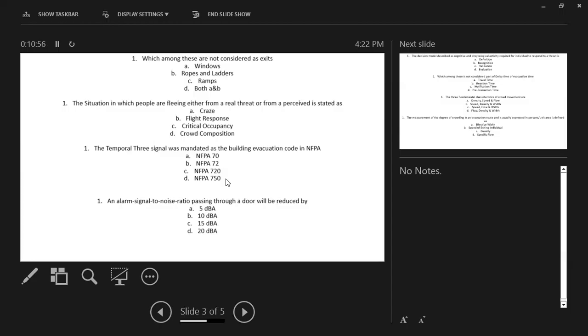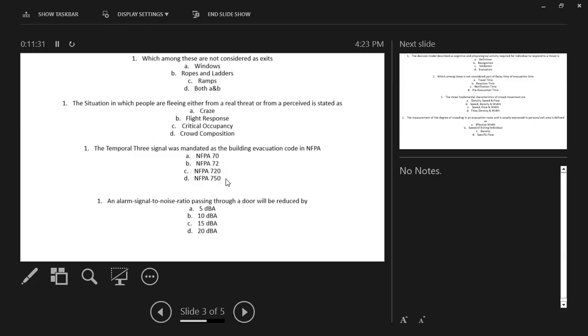And the next question, we have discussed this question in section 14 also. An alarm signal to noise ratio passing through a door will be reduced by?